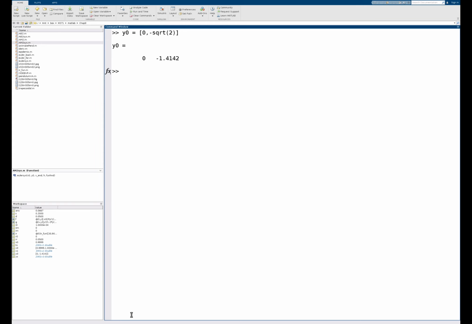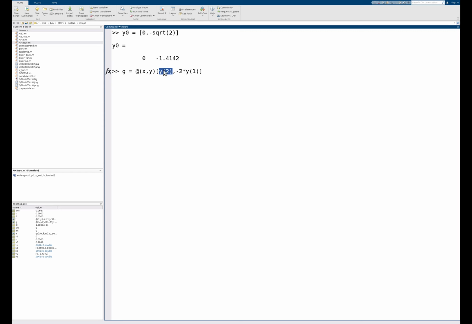Okay. Now, what is the equation? Let me call this one g. So g says that the derivative of z, that is the first derivative of z, will be the second entry in y.